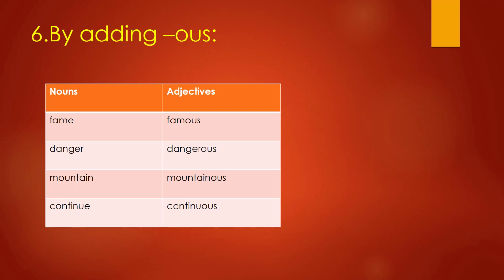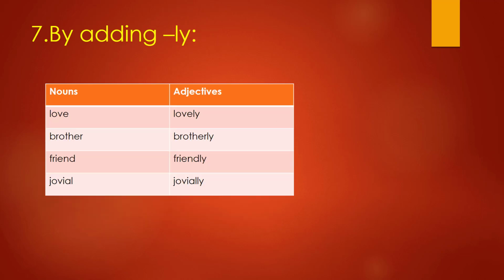Fame becomes famous, danger dangerous, mountain mountainous, and continue continuous. The next one is ly. Love becomes lovely, brother becomes brotherly, friend becomes friendly, and jovial becomes jovially.